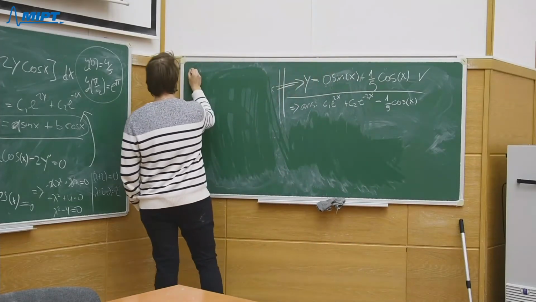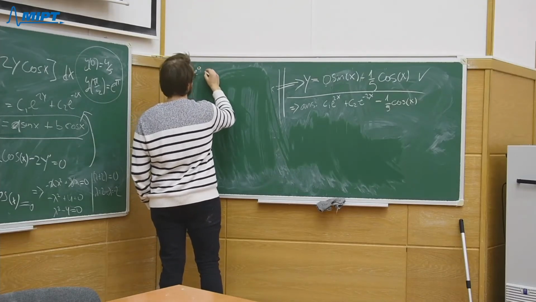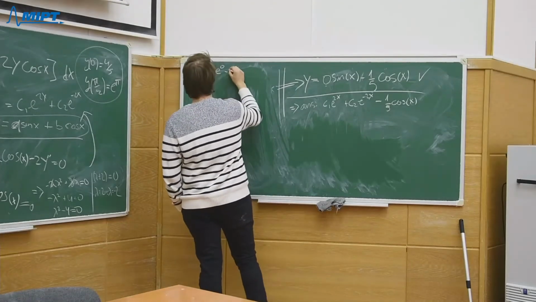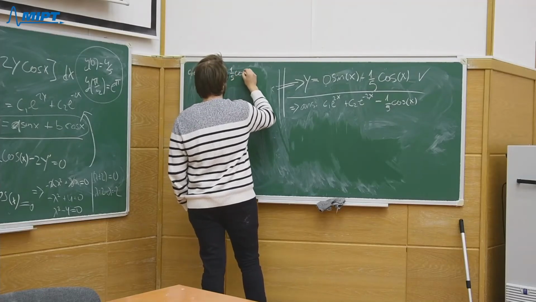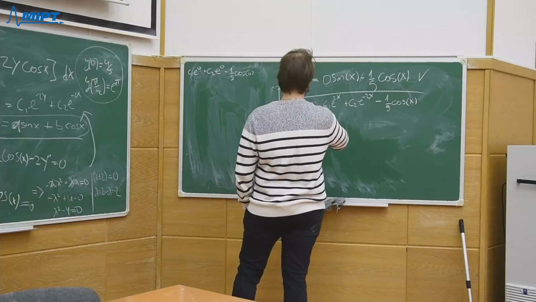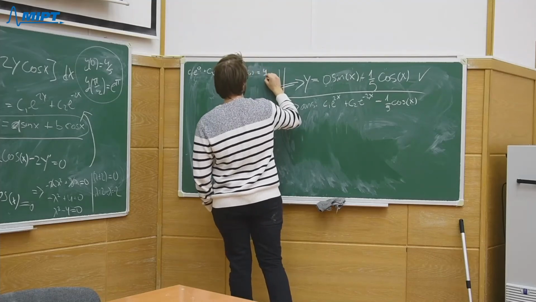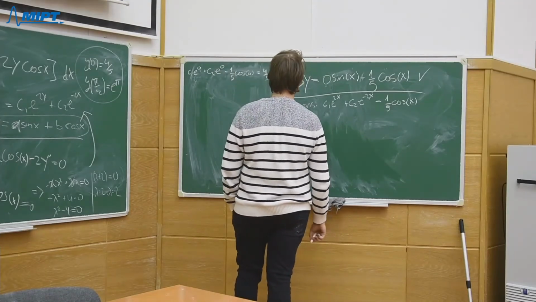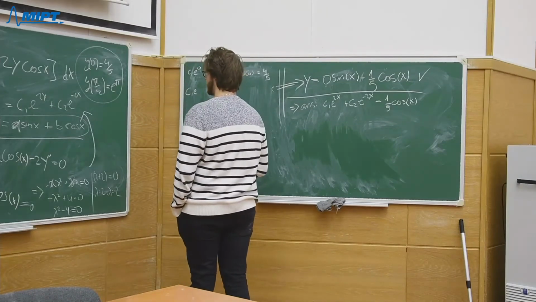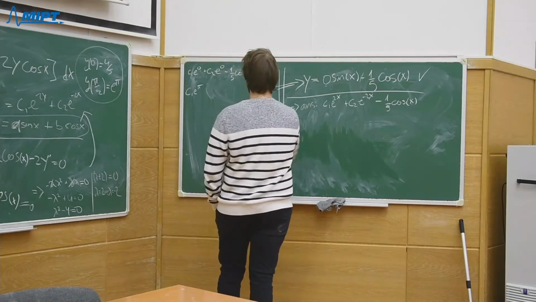Substitute 0 for x and equate to 4/5. Pi half. Yeah, but then.